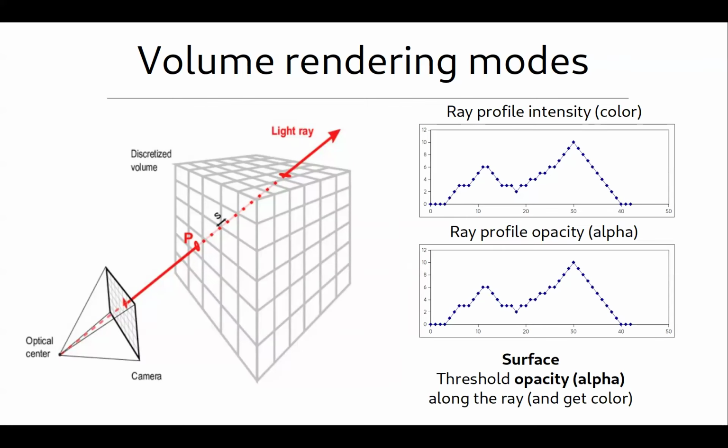And the last thing is the surface rendering. In surface rendering, everything is relatively simple. It's basically a thresholding. We go through the ray, and if we hit the thresholded value in the opacity channel, we say, okay, this is the end, this is the surface, don't trace further, just stop and pick the color from how we map the color.